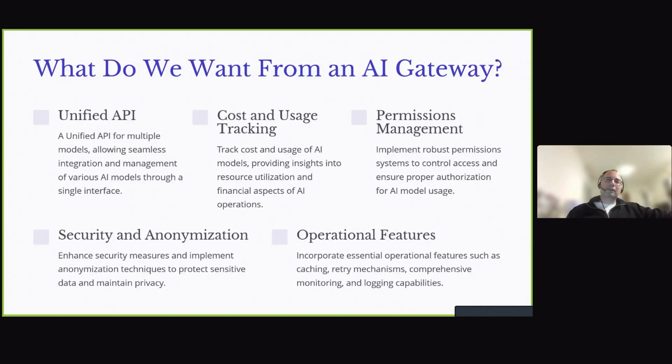We want to track the cost and the usage, like I said, and with models we have quotas, right? It's a bit different than some other service that we run on-prem, where we don't track the usage usually, because we don't have quotas for it, maybe just for scalability reasons, but not for cost reasons. And here we do have that, especially if we use some third-party models some of the time.